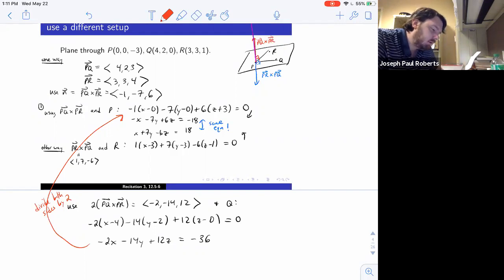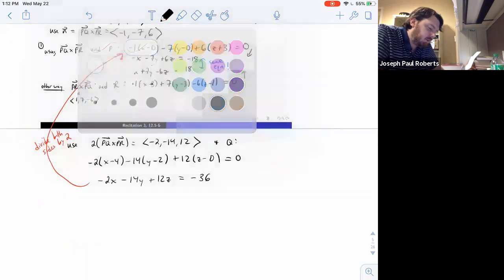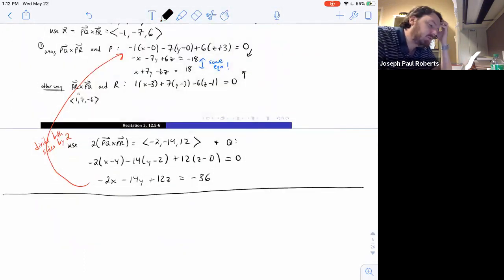And then additionally, you might be concerned with, oh, you know, PQ and PR, what if I based everything around, what if I do like PQ cross QR? I think Dom talked about this last week in recitation with regards to finding areas of triangles or parallelograms, that these different correct choices don't make a difference.